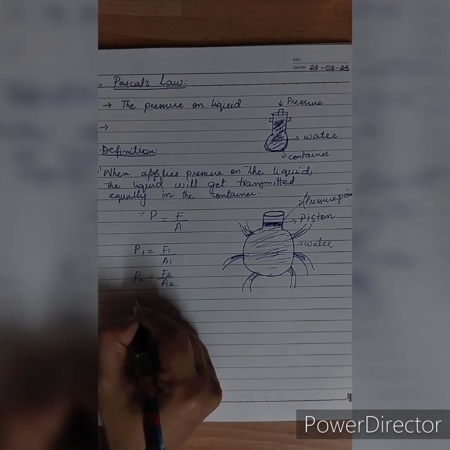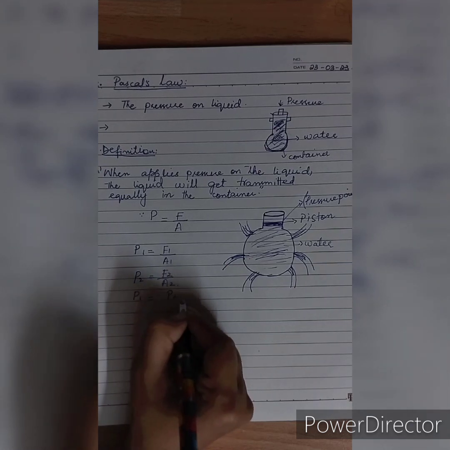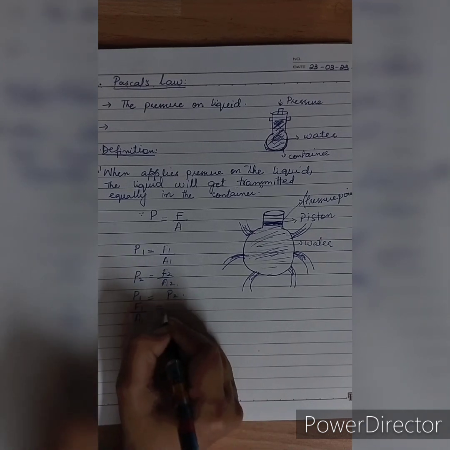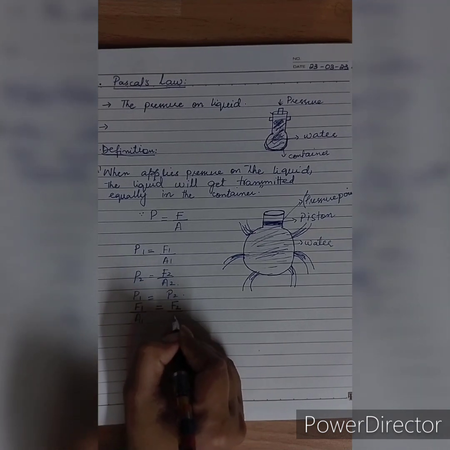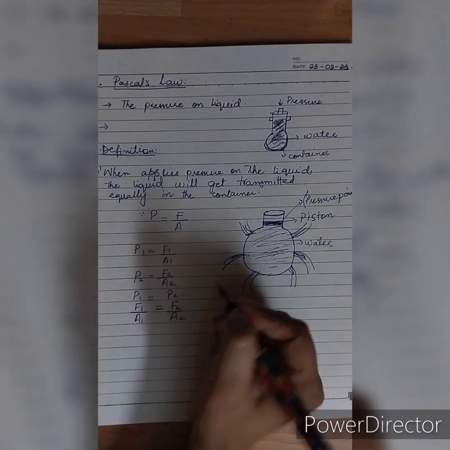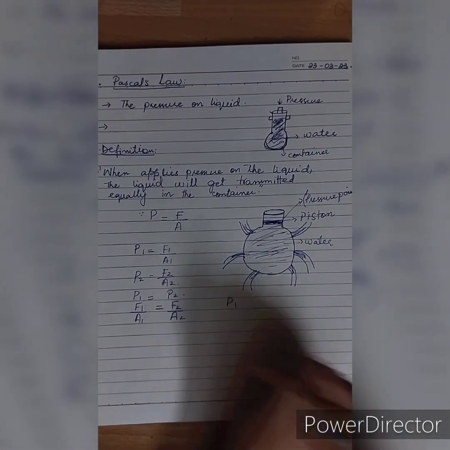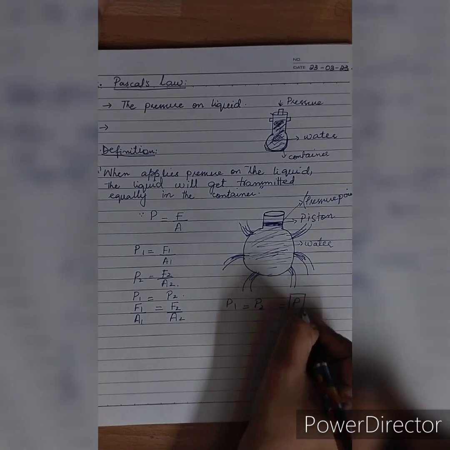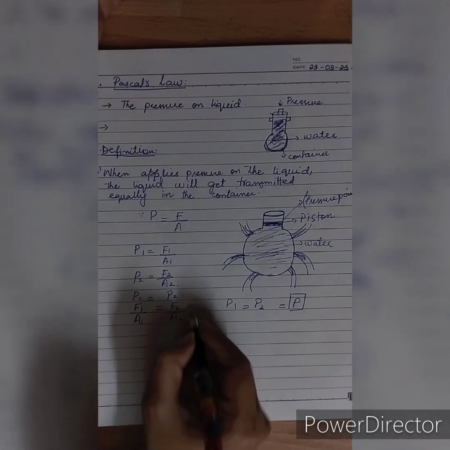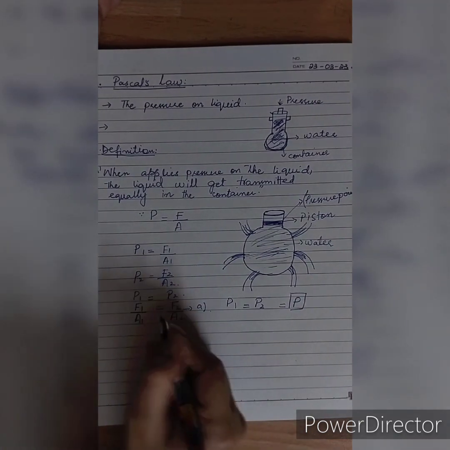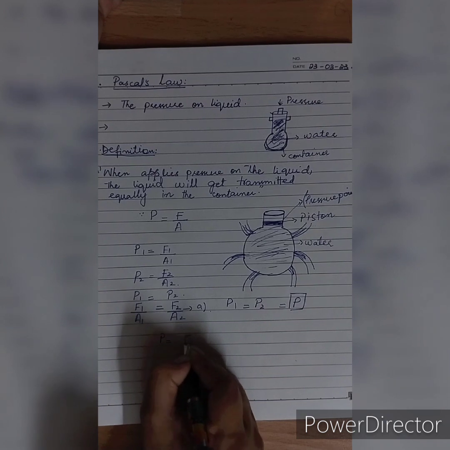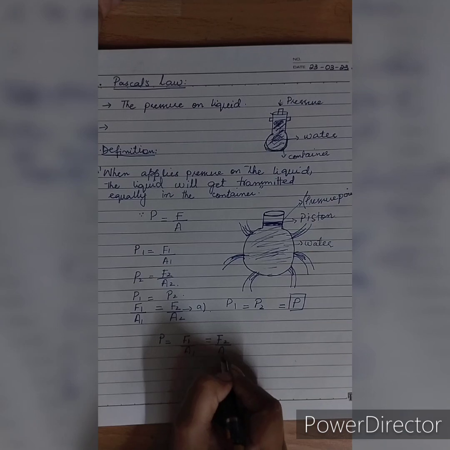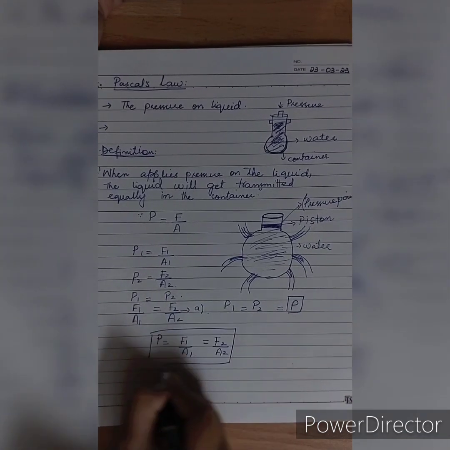If both the pressures are equal, then F1 upon A1 will be equal to F2 upon A2. Let's consider that P1 and P2 are also equal to a combined pressure called P. Hence this equation, let's say equation A, can be written as P is equal to F1 upon A1, equal to F2 upon A2. Hence, this is the final equation of Pascal's law.